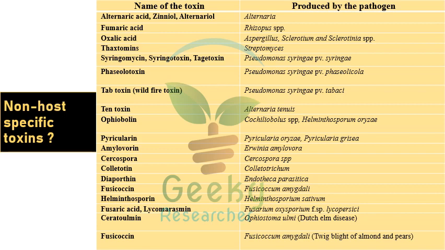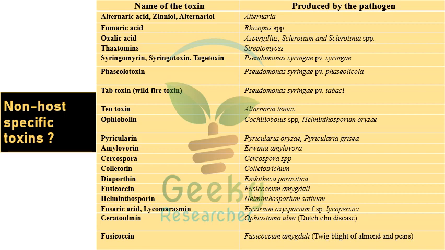Then there are tentoxin from Alternaria tenuis, ophiobolin from Cochliobolus species, and toxins from Helminthosporium oryzae, Pyricularia oryzae or Pyricularia grisea. Amylovorin comes from Erwinia amylovora, and there are toxins from Cercospora species and Colletotrichum, diaphorthin from Endothia parasitica, Fusicoccum amygdali, and Helminthosporium sativum.